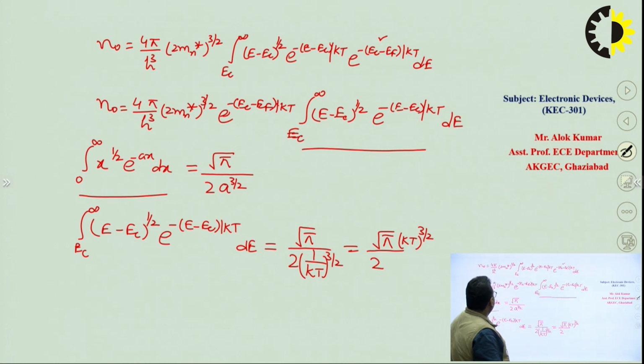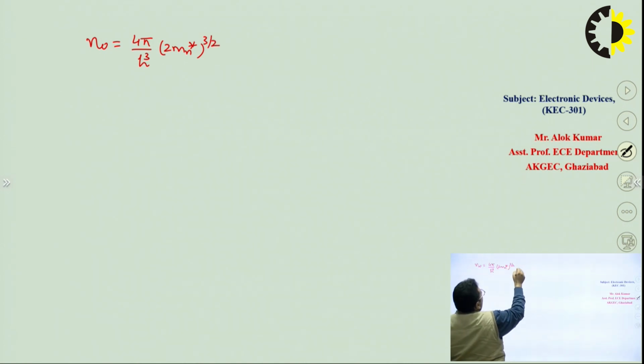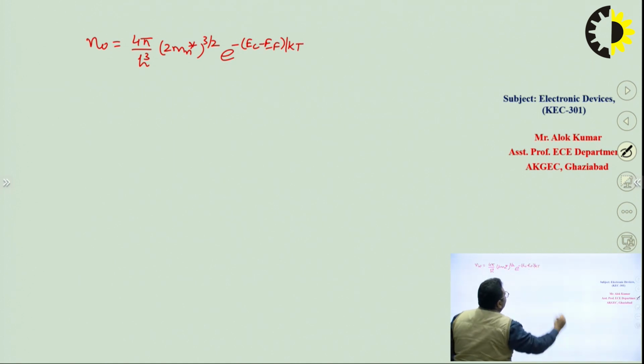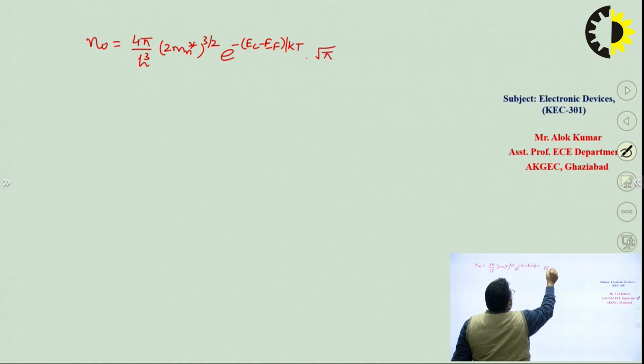So now finally we can put this value in this equation, and we can have n naught is equal to 4 pi upon h cube, right, into (2 m n star) to the power 3 by 2 and e to the power minus (EC minus EF) upon KT, right, this term, and into under root pi into KT to the power 3 by 2 divided by 2.